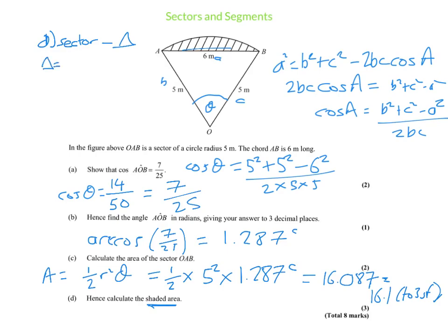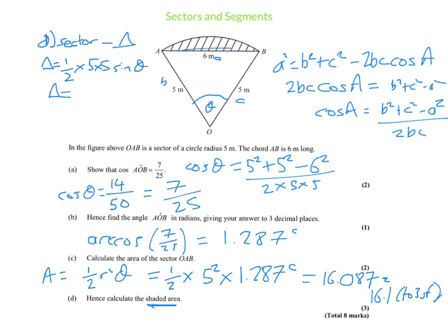The area of the triangle is half ab sine C. Remember, half times 5 times 5 sine theta, using the sine rule for the area of a triangle.